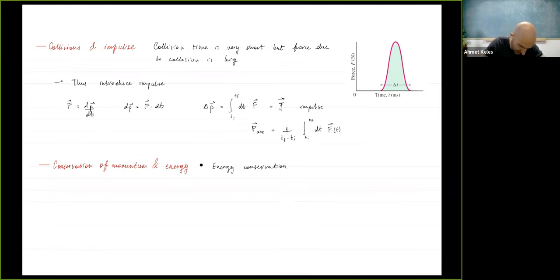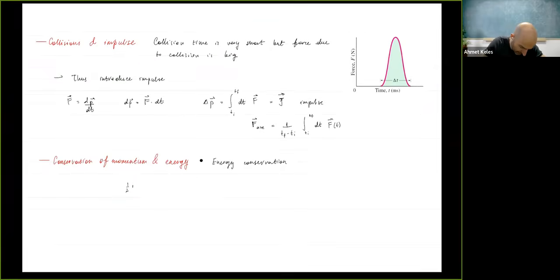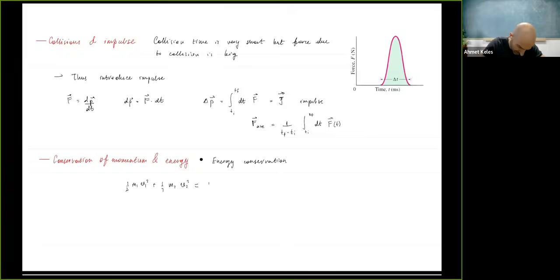And the way we write this is: 1/2 m1 v1 squared plus 1/2 m2 v2 squared should be equal to the same thing with primes, 1/2 m1 v1 prime squared plus 1/2 m2 v2 prime squared. Okay, this is for elastic collisions.